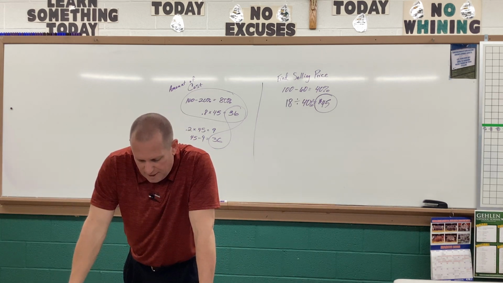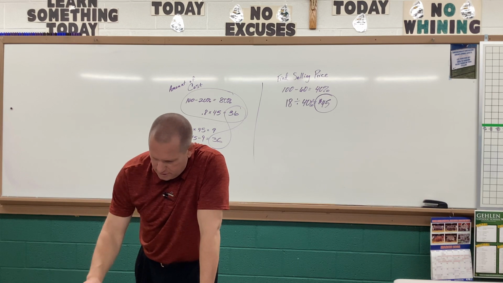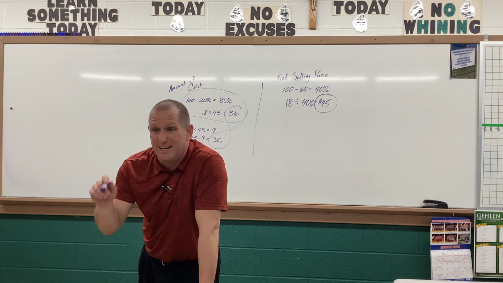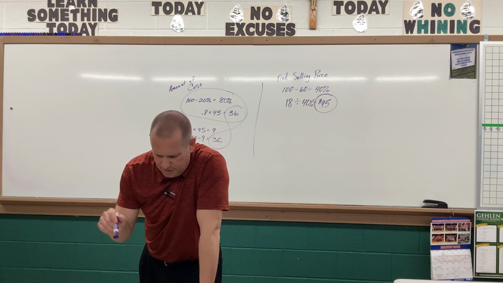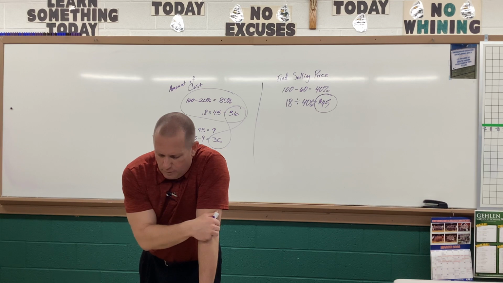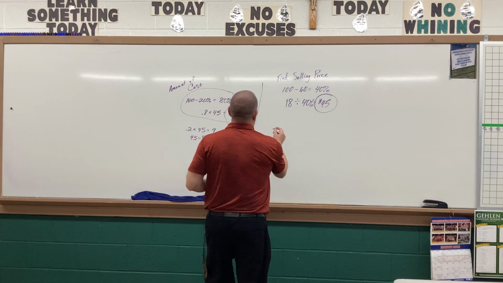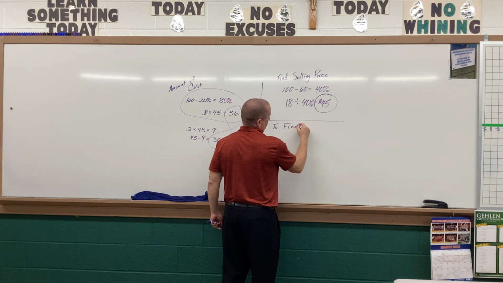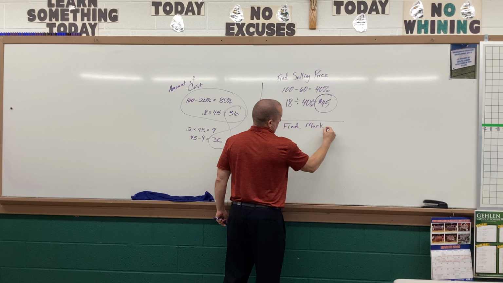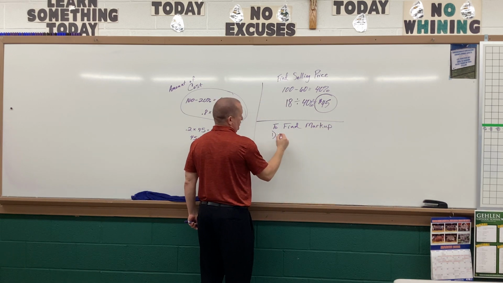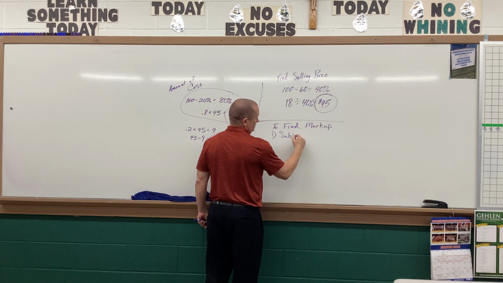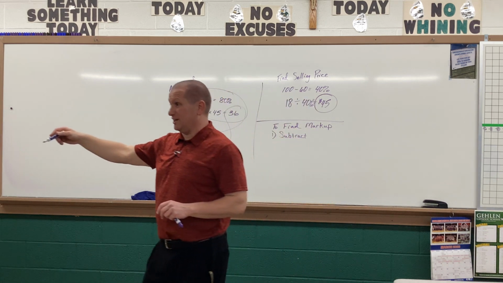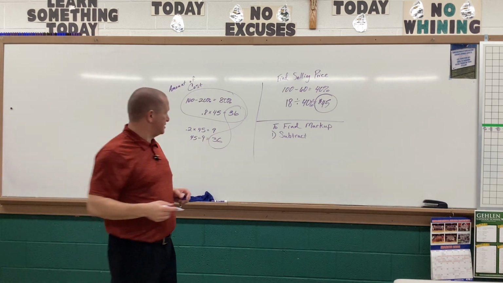Now we're ready to figure out the markup based on cost. So this is what I was trying to say earlier. When you're talking about a markup, you're trying to figure out the percentage. To find your markup, the keys are: number one, you're going to subtract the amount that you bought it for from the amount that you're going to sell it for, so you find the amount of difference.